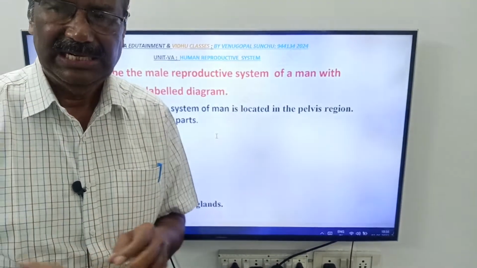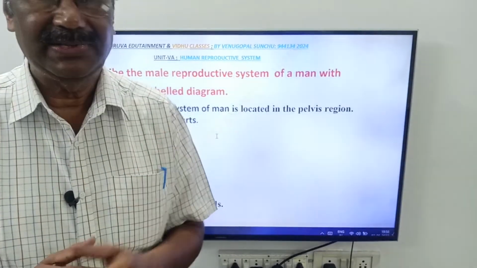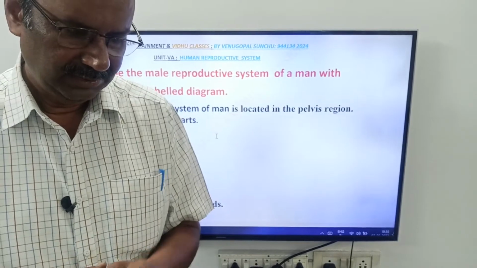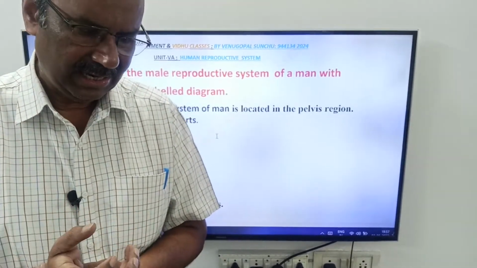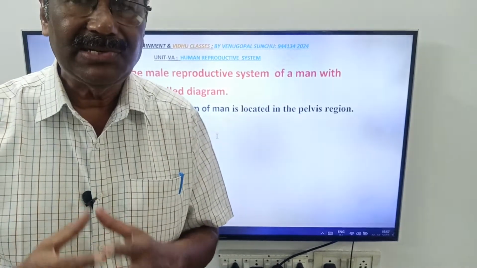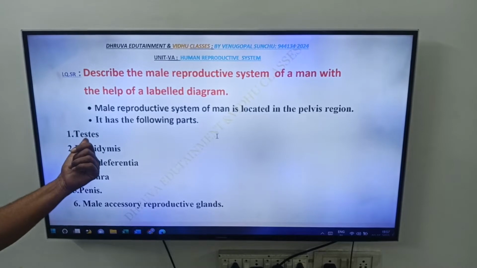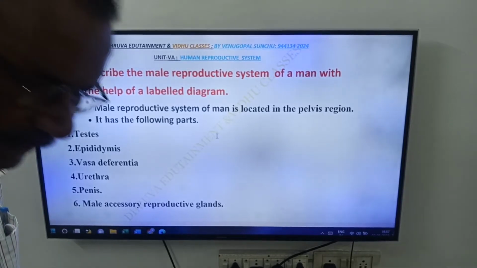Once again, friends: testes, epididymis, vas deferentia, urethra, penis, and male accessory reproductive glands.